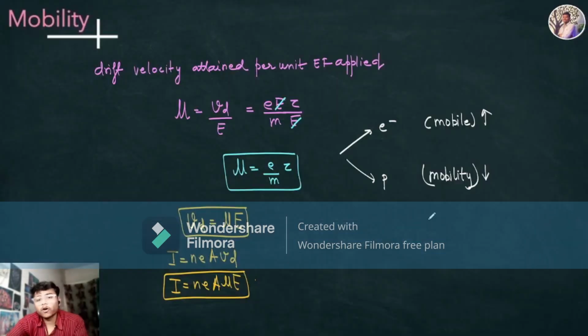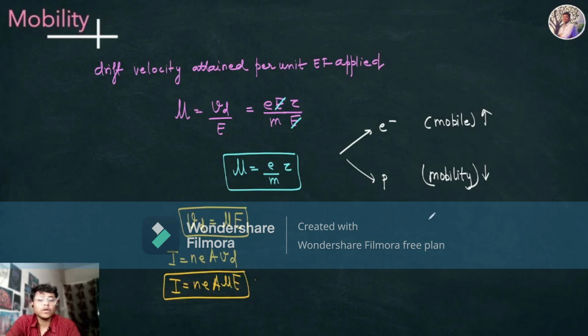Okay. So what is mobility? Mobility is defined as drift velocity per unit electric field applied. It is how a charge carrier goes from one position to another, defined as vd per electric field applied.